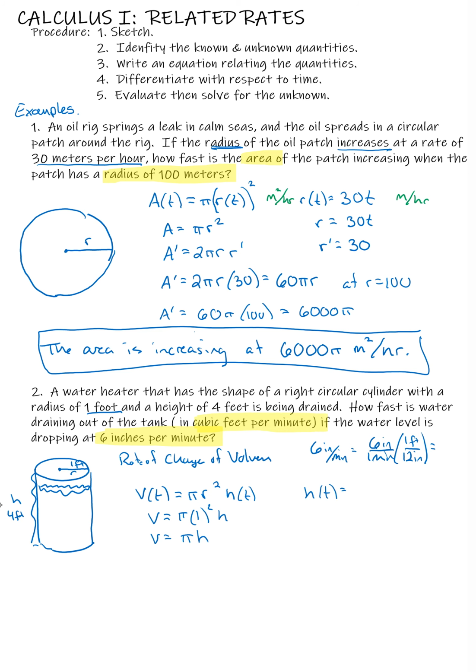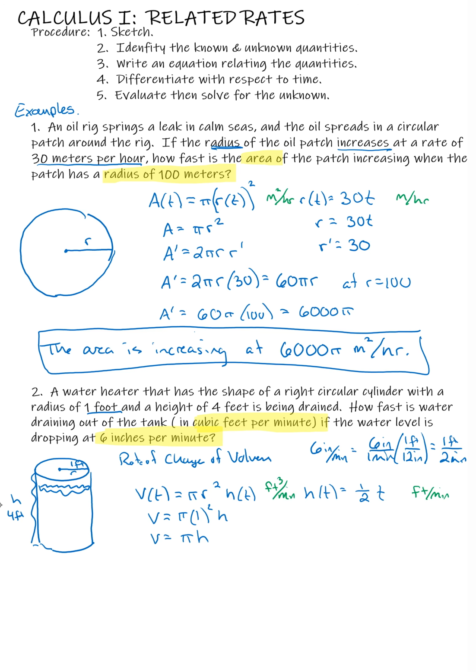So this reduces to 1 foot per 2 minutes. So our height is changing at 1/2 foot per minute over the time. So our height can be written as 1/2 t. Make sure you understand that this is now in feet per minute. So our volume will then be in feet cubed per minute.